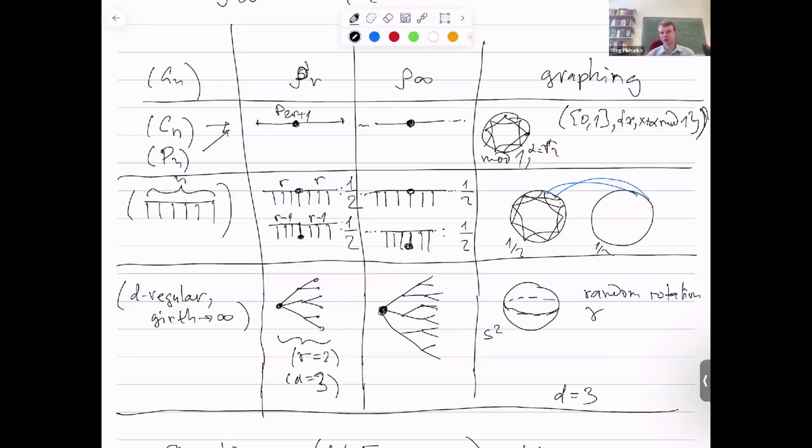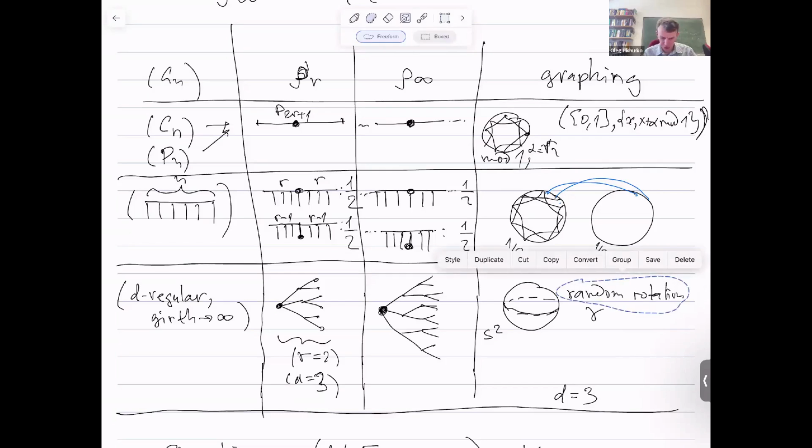Occasionally you would see a measure 0 set of points where your rotation fixes the point or something like this, but this would have measure 0. But then we wanted to make it 3-regular and look almost everywhere like a 3-regular tree.